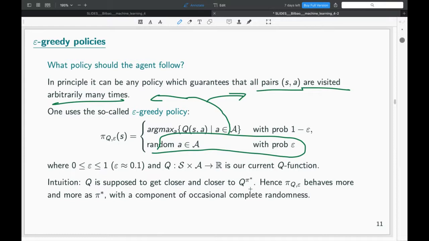So we are trying to learn the optimal policy, so it makes sense that we choose a policy that behaves like the optimal policy would behave if we had solved the problem. However, for Q learning, you actually just need to visit all states arbitrarily many times. That's the only true requirement.